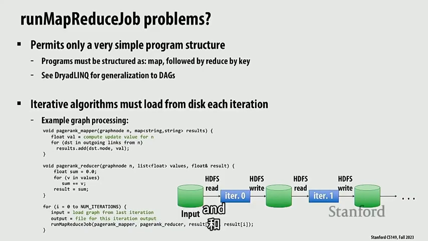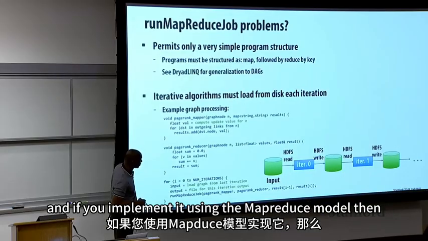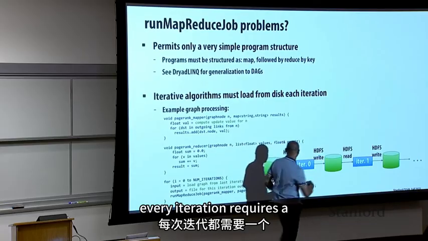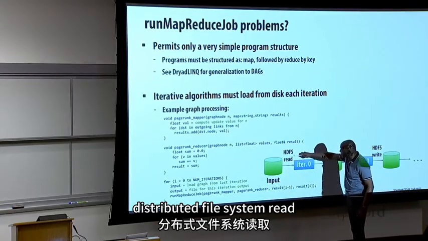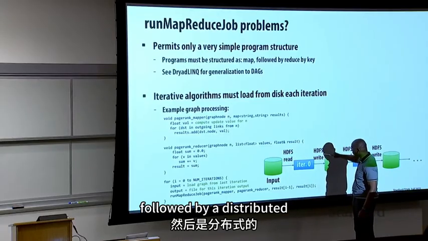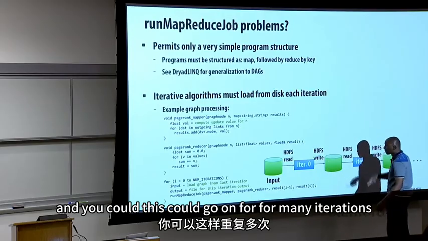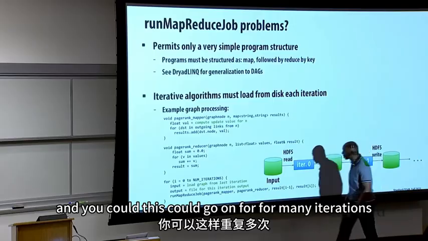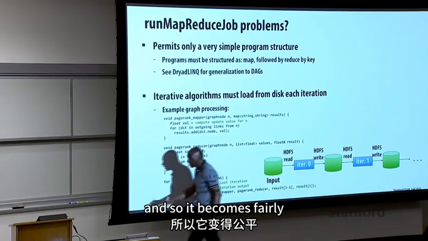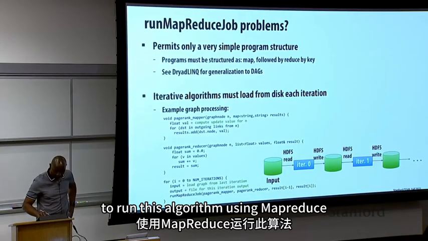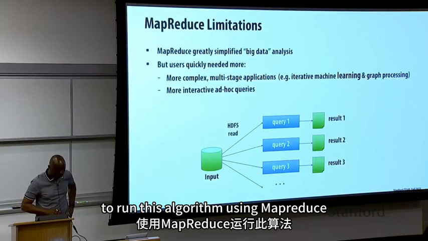The idea is it's an iterative algorithm, and if you implement it using the MapReduce model, then every iteration requires a distributed file system read followed by a distributed file system write. This could go on for many iterations, and so it becomes fairly inefficient to run this algorithm using MapReduce.